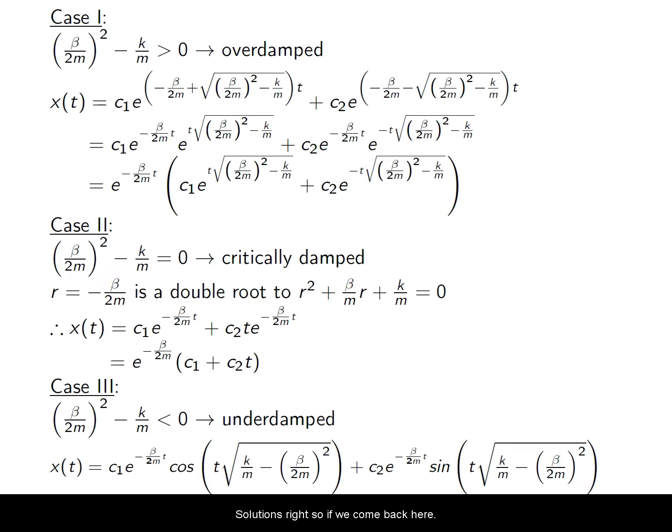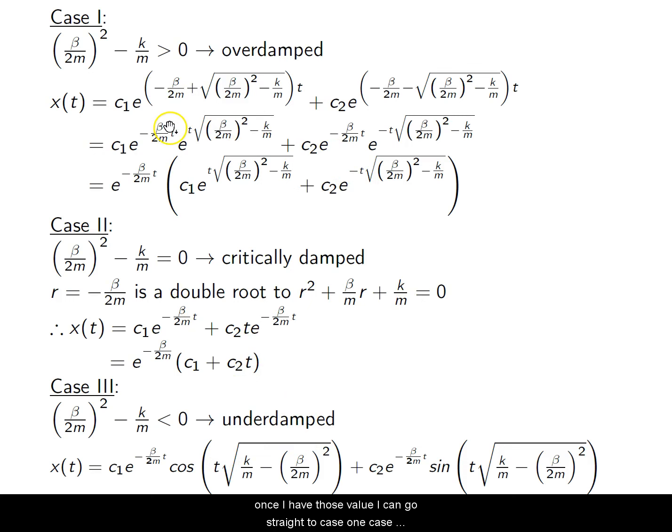So if we come back here, all of these need beta, M, K. Over here, M and beta. Over here, K, M, and beta. Those are the only things I need to find my solutions for any of these.